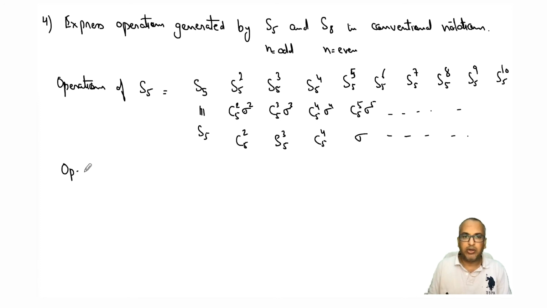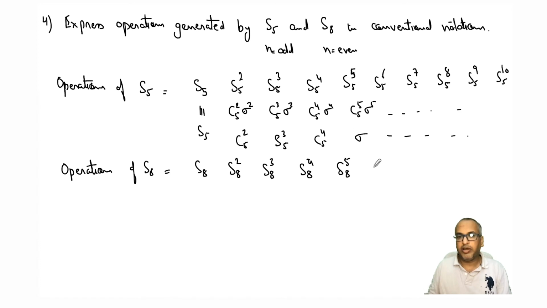Similarly, we can work out operations of S8 in the same manner. Here we have to go to 8. S8 to the power 2, S8 to the power 3, S8 to the power 4, S8 to the power 5, S8 to the power 6, S8 to the power 7, S8 to the power 8.